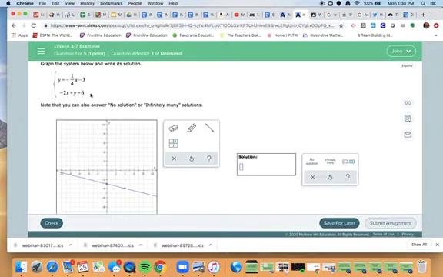Negative 2x equals 6. You've got to get rid of that negative 2 that's being multiplied, so you're going to do the opposite and divide both sides by negative 2. If you divide 6 by negative 2, you get negative 3. So my x-intercept is negative 3. So I'm going to go over here to negative 3 and put a point.